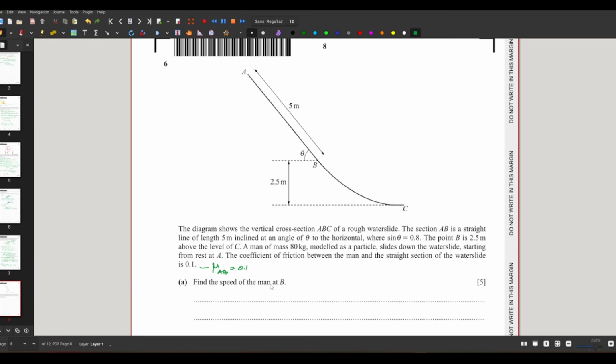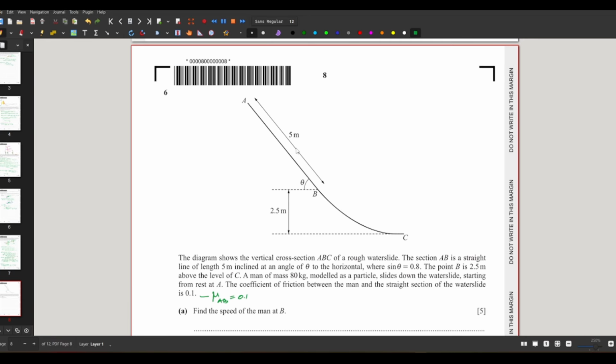And find the speed of the man at point B. Okay, let's consider that person as a particle.